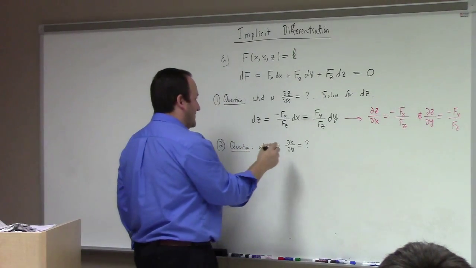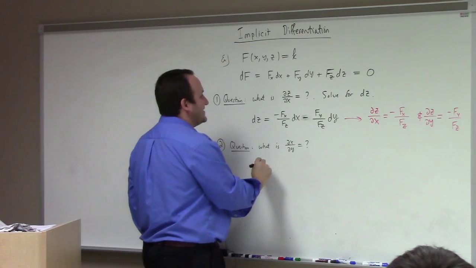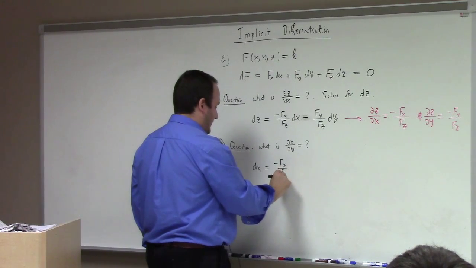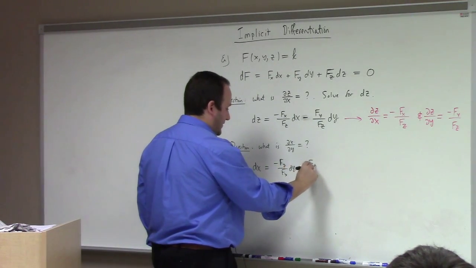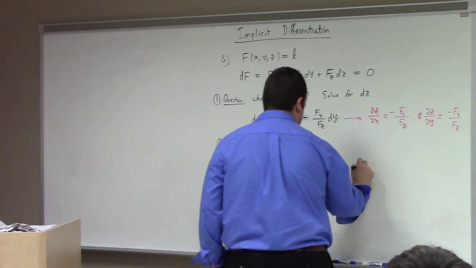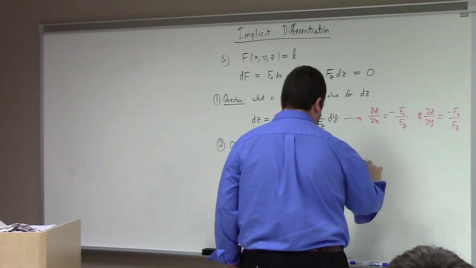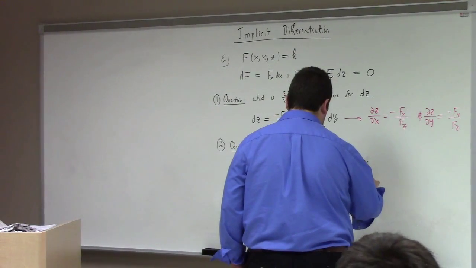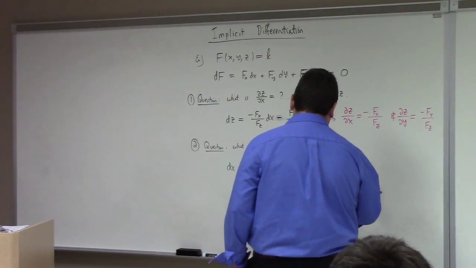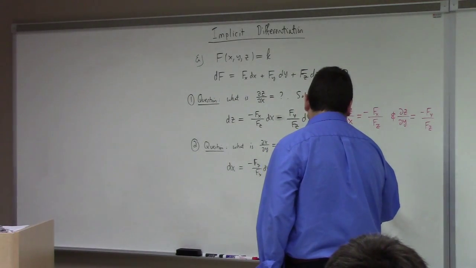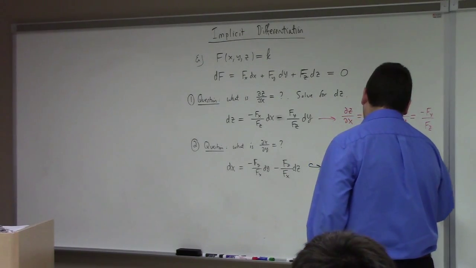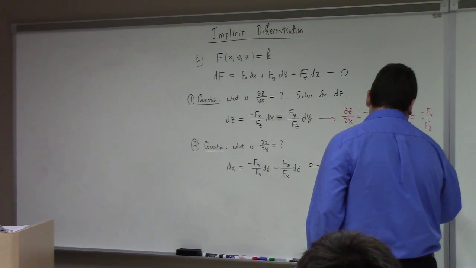So dx is equal to minus f_y over f_x dy minus f_z over f_x dz, and there you have it: partial x, partial y is equal to minus f_y over f_x, and partial x, partial z is equal to minus f_z over f_x.